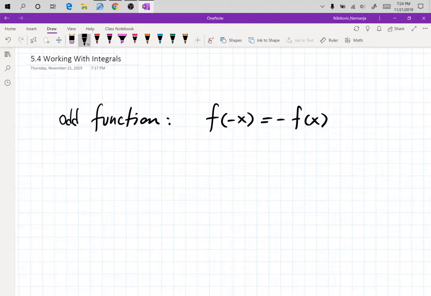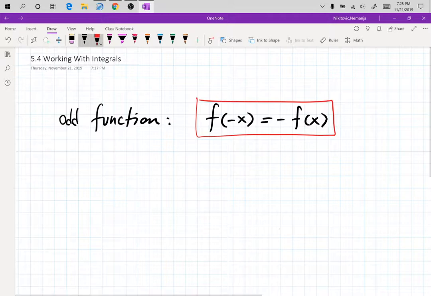So for an odd function, this is what holds. An odd function would be any function that has only odd exponents, if you're talking about polynomials. Other odd functions that you know should be sine and tangent function.